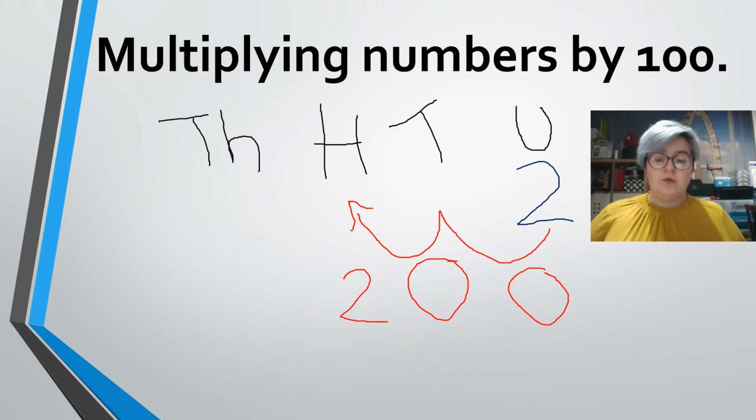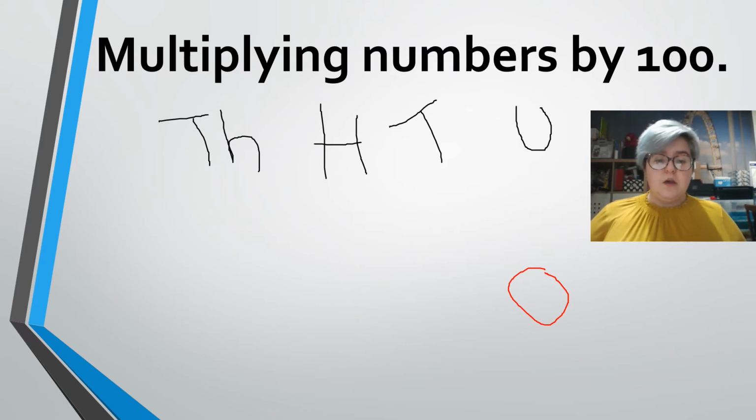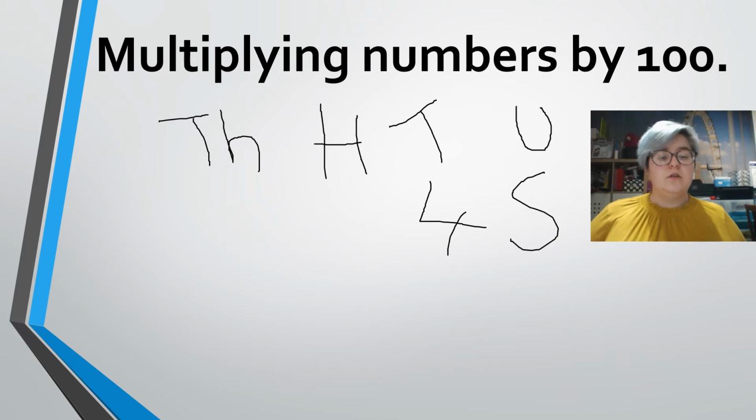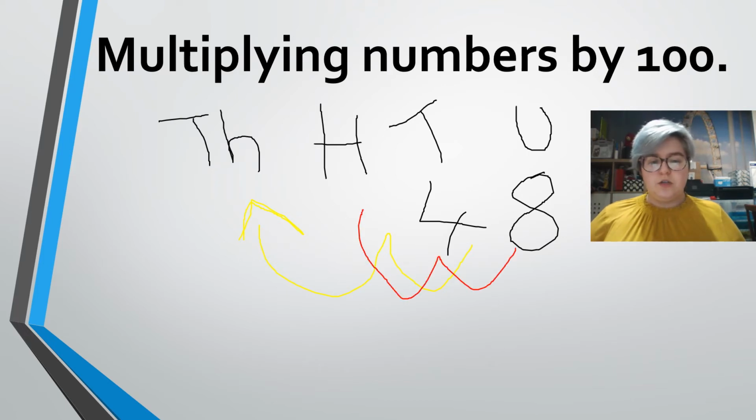Okay, just like that was 10 times, this is 100 times bigger. So we're going to try again, but this time we're going to use a 2-digit number. So I'm going to put the number 48. I'm going to change the colour of my pen again just so we don't get confused. So the 4 is jumping up 2 times, so it's going 1, 2 to the thousands. And the 8 is jumping up 1, 2 to the hundreds.